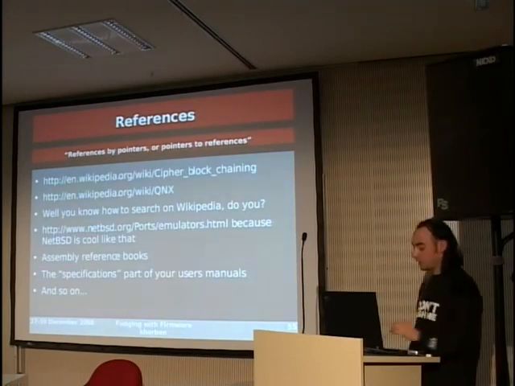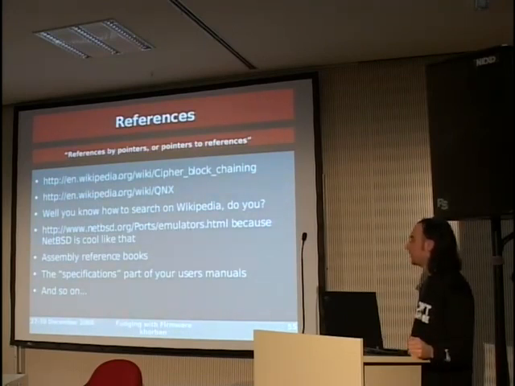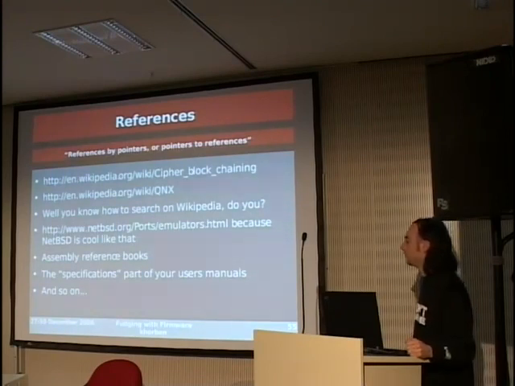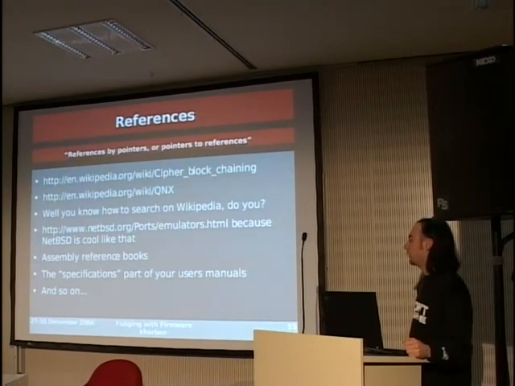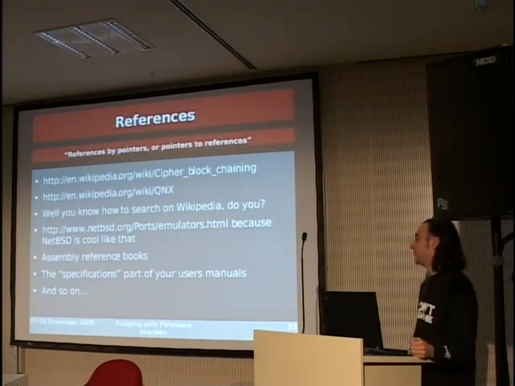The NetBSD page about emulating the ports is really complete about how to run software from any processor available, something like 30 or 35 different architectures. You also want to fetch the assembly reference books and why not the specifications parts of your user's manuals for the hardware you're currently looking at. Look for any clue, use Google, use Wikipedia.